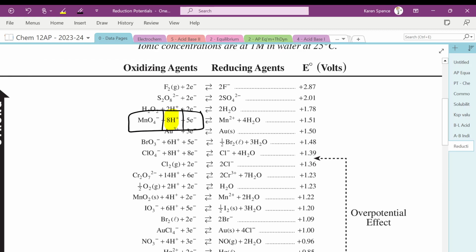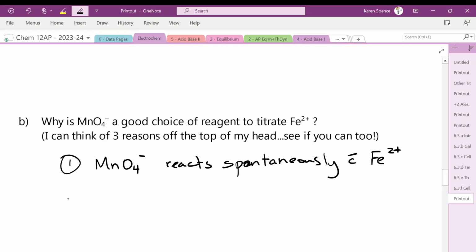Anywho, that's okay. So that's one reason why. I should write here acidified MnO4 reacts spontaneously with Fe.